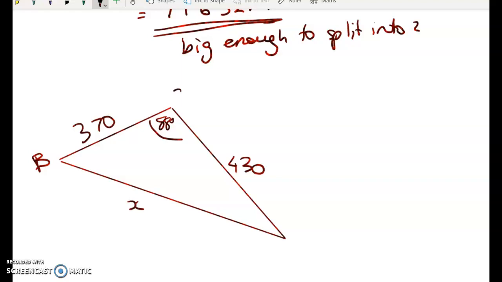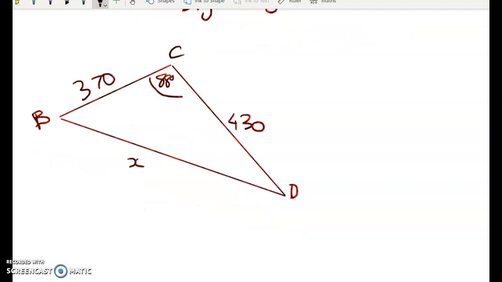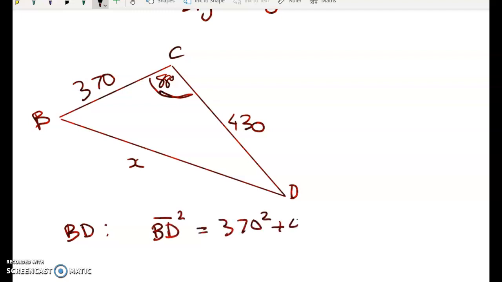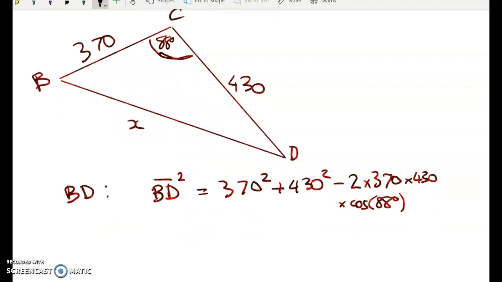Okay, so then we're labeling. So every time you draw a triangle, because you'll be drawing quite a lot of them, make sure you label. So angle BAD we've got, and this one here we know is 88, BCD. So length BD is going to come from the cosine rule. So BD squared is equal to 370 squared plus 430 squared minus 2 times this times cosine of 88 degrees.